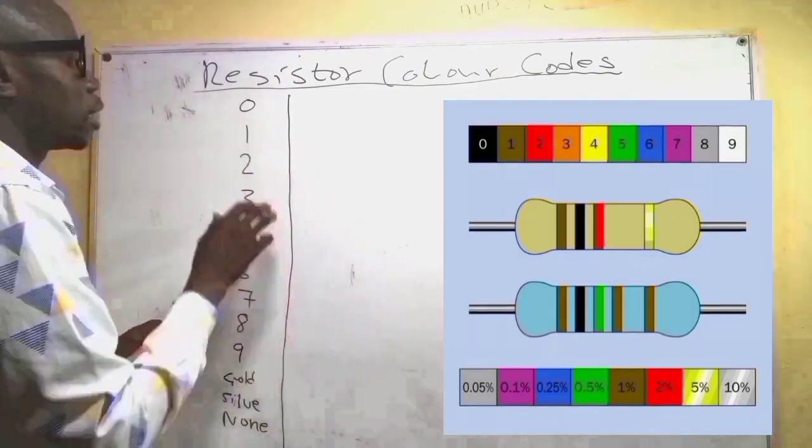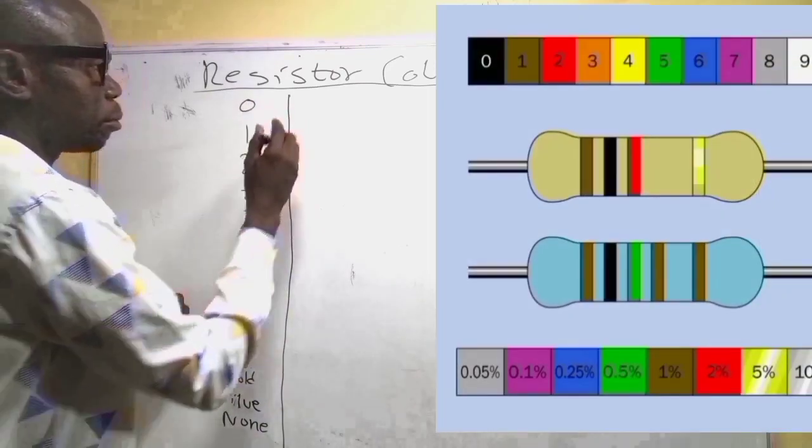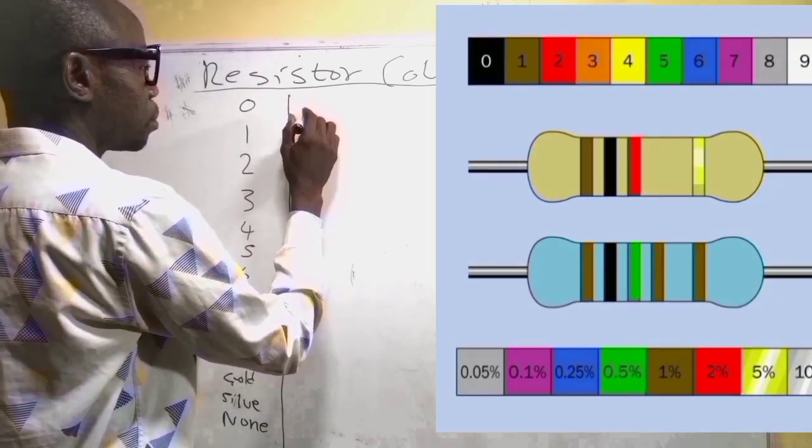You see, in resistor color codes, 0 is black.